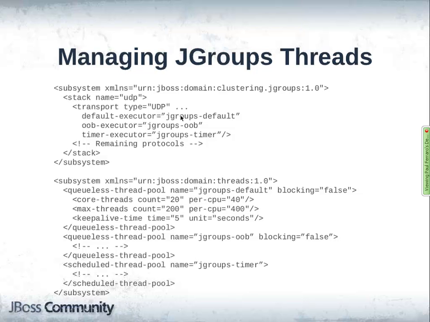So this shows you an example of how I would actually do that. There's a separate thread pool for out-of-band messages as opposed to the regular inbound messages. The JGroups timer service, all of those can be externalized. And this is an example of how you would do that.